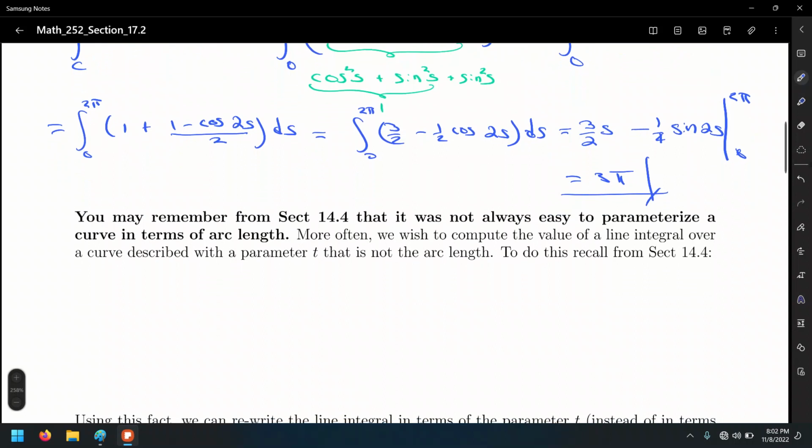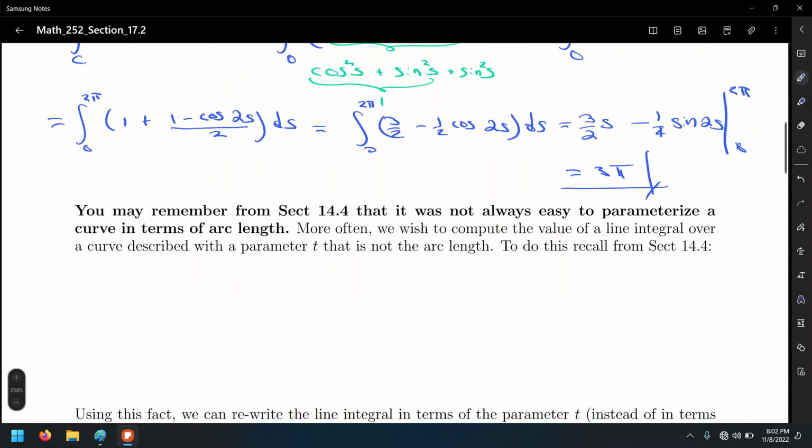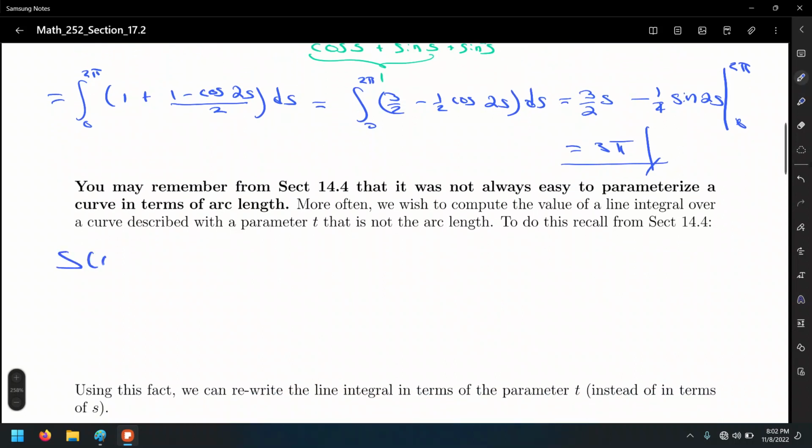So in this case, let's recall what that arc length function is, s of t. That was the integral from a to t of the magnitude of the derivative of the vector valued function of u, du. Actually, to make this simpler, let's make the lower limit 0. How about that?